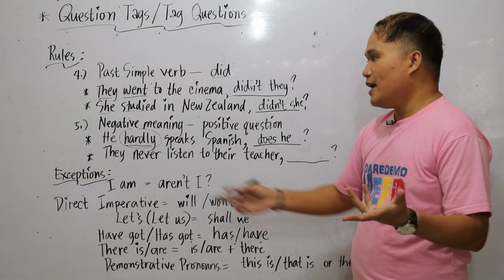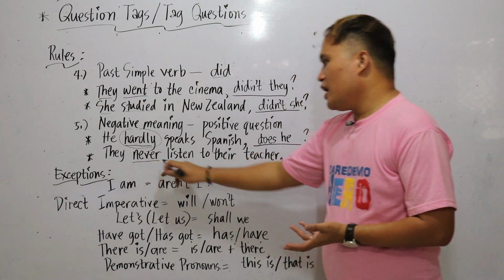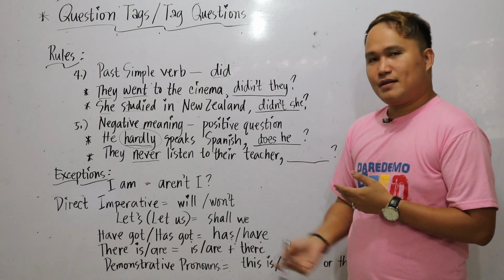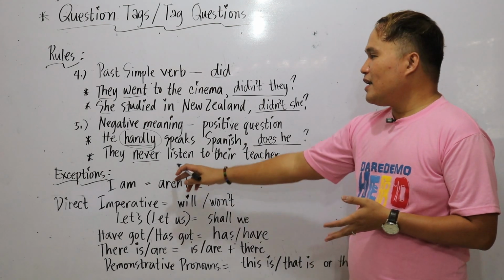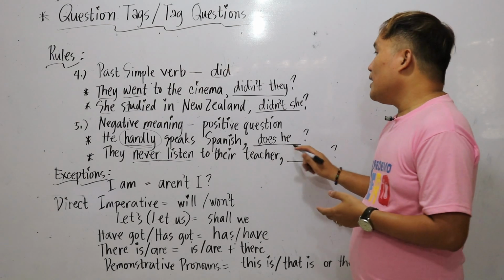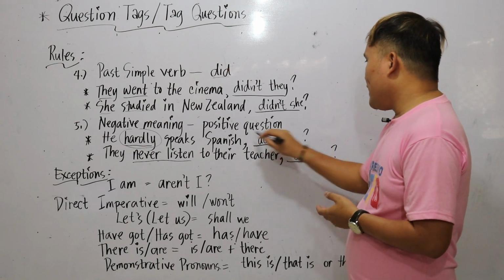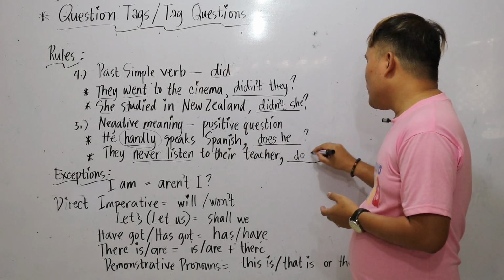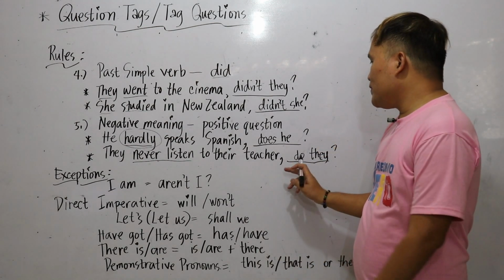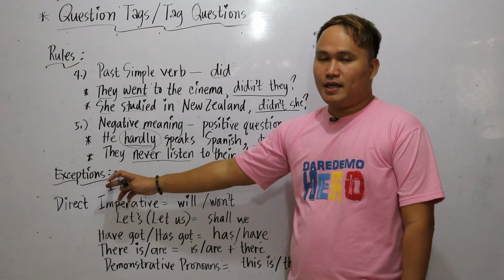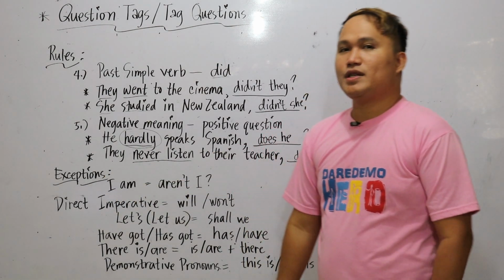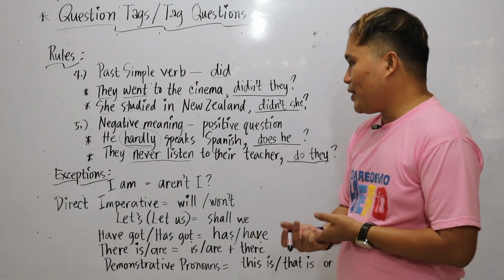Negative meaning, close to not doing it at all. They never listen to their teacher, do they? Why do we use do? Because our subject is plural, they, which is a plural pronoun.